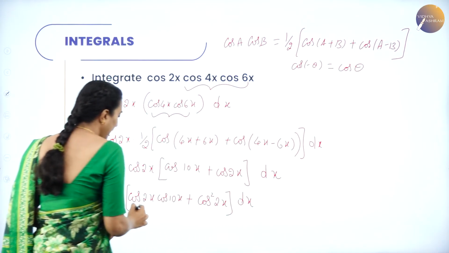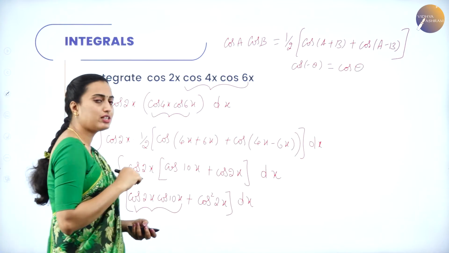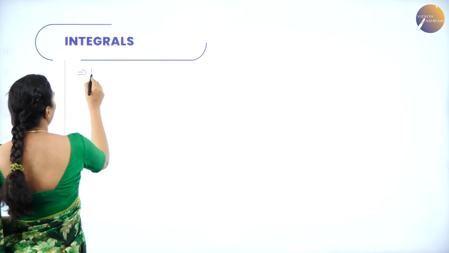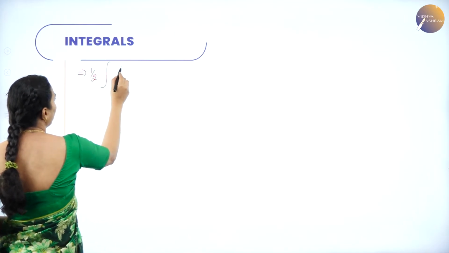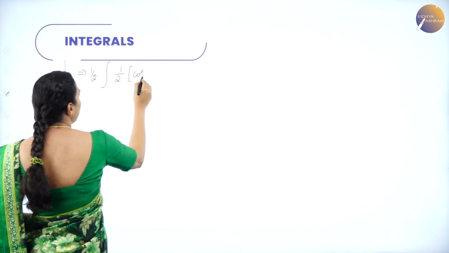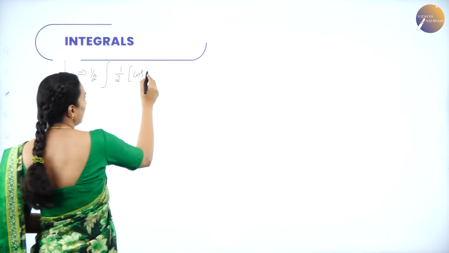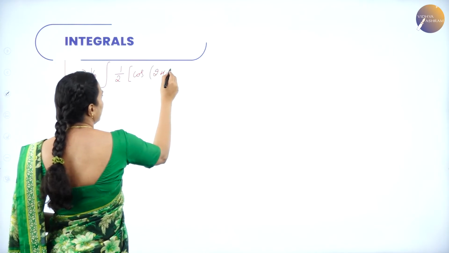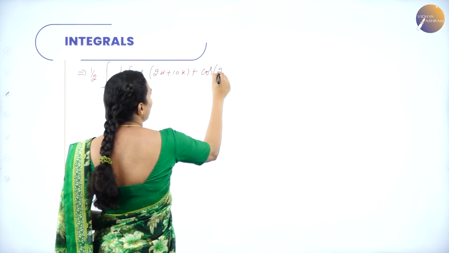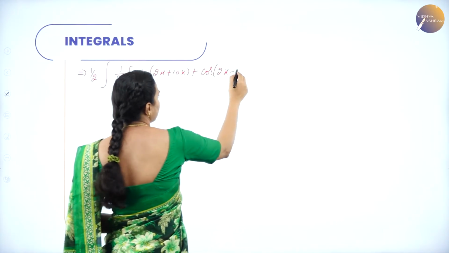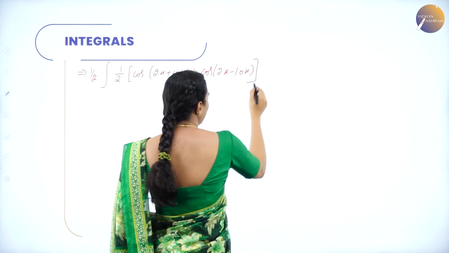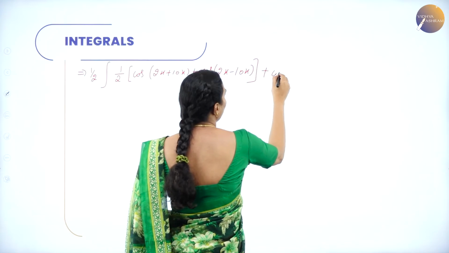Now, again applying the same formula for this one, cos A into cos B. So what happens? Let us see here, 1 by 2 as it is outside the integral of 1 by 2 into, open the bracket, cos of A plus B, A is nothing but 2x, B is nothing but 10x, 2x plus 10x, plus cos of A minus B, which is cos of 2x minus 10x, into, close the bracket, we are having plus cos squared 2x.